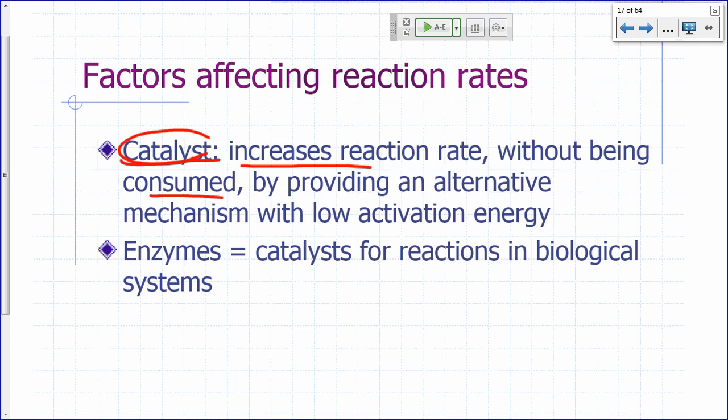And the way a catalyst works is it provides an alternative mechanism, which has a low energy of activation. Generally, the lower the energy of activation is, the less energy your molecules need for the reaction to occur. So what a catalyst does is it provides an alternative mechanism that has a low activation energy.